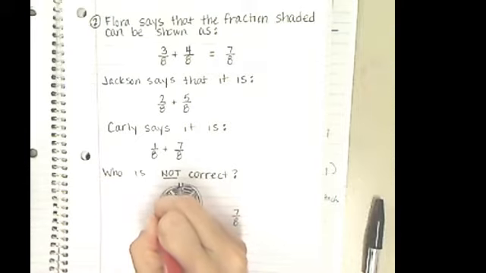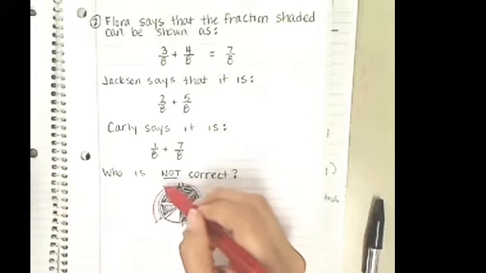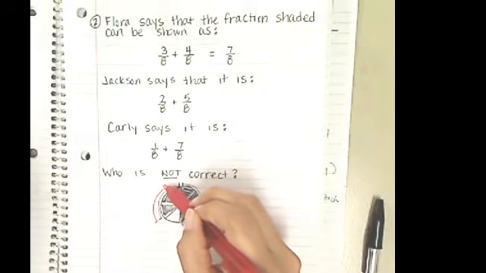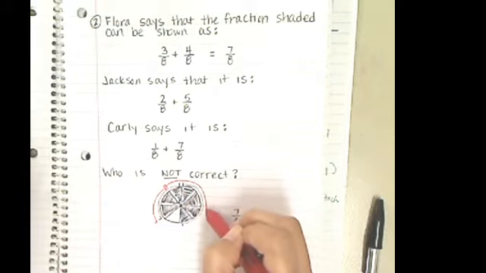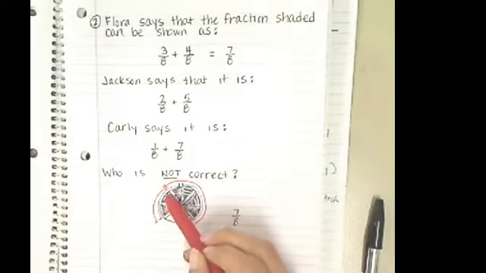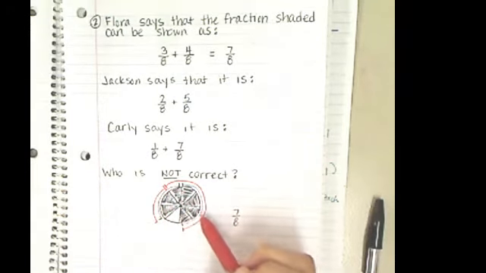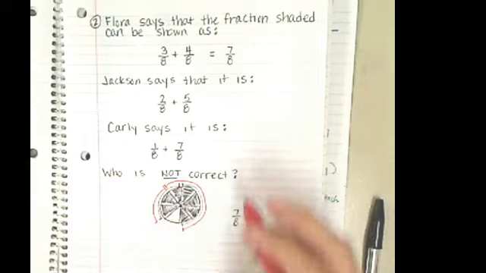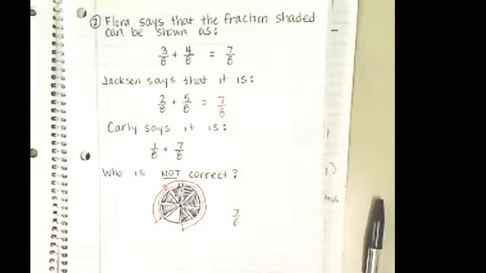There's 1, 2, and then let's see how many are left. 1, 2, 3, 4, 5. So 2 pieces, these 2 right here, plus these 5 pieces is also equal to 7/8. So Jackson is also correct.